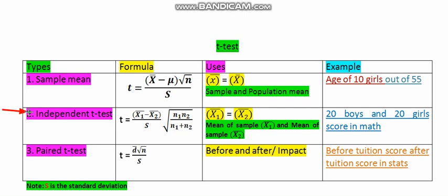In the second t-test, what we do is consider the mean values of two different groups. For example, x1 and x2 represent the mean value of the x1 group and the mean value of the x2 group. Suppose, say, 20 boys and 20 girls score in math. We check the mean value of the marks scored in math by boys and the mean value of the marks scored by girls in math.